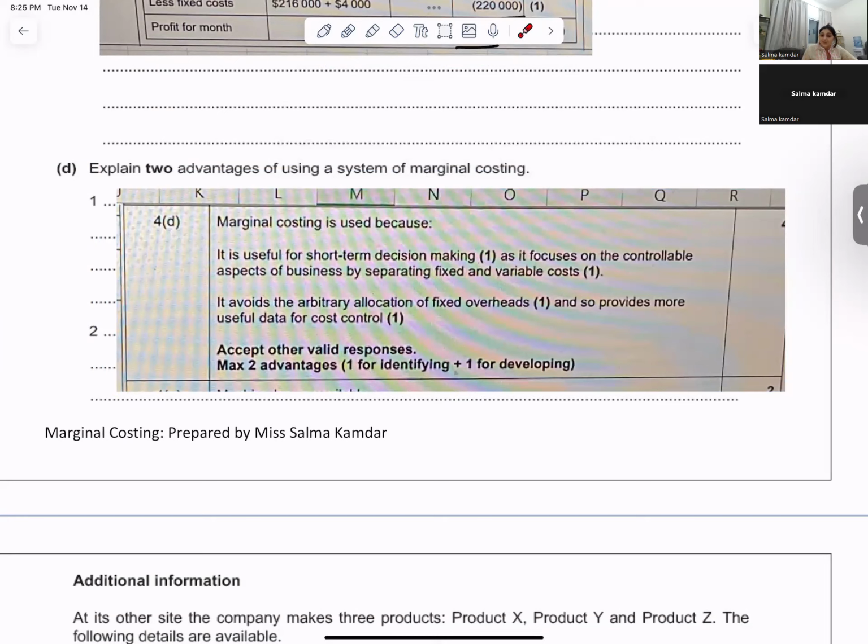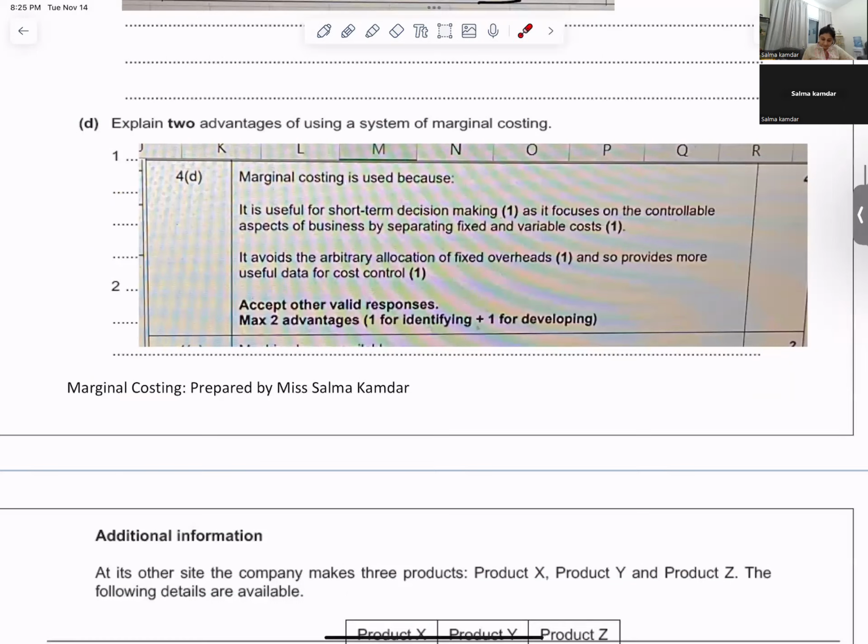Marginal costing does not take fixed overhead into consideration, and it gives me useful data for cost control because it assumes that the cost that you need to control is the one that increases in direct proportion to the variable cost. So this is the advantage of using the marginal cost statement.